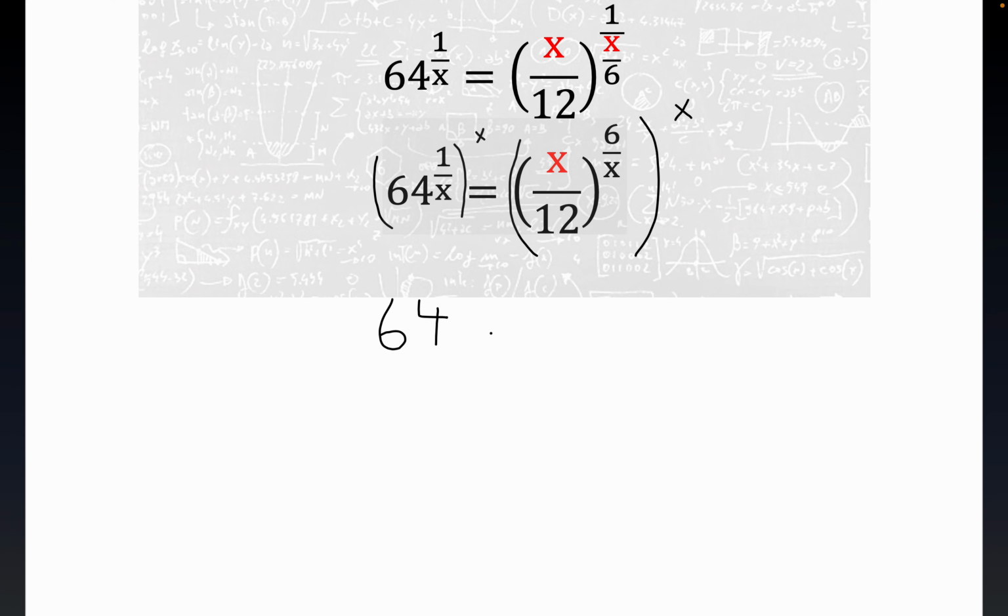And then right here we have equals 2. This x cancels with this x when you multiply the exponents, and we get x over 12 quantity raised to the 6th power.